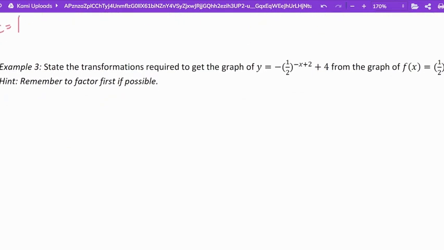For this one, let's just factor it and write AKDC. Okay, so if this is the equation, we must factor first. What are we factoring out? That's right, the negative. So we're factoring negative 1 out. You got time, Luke.